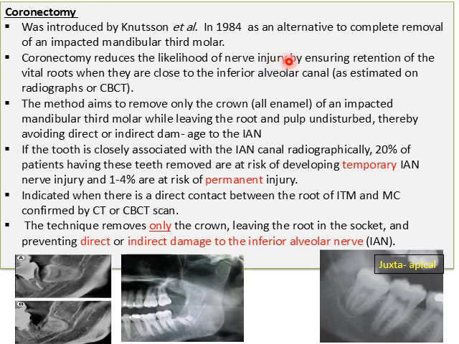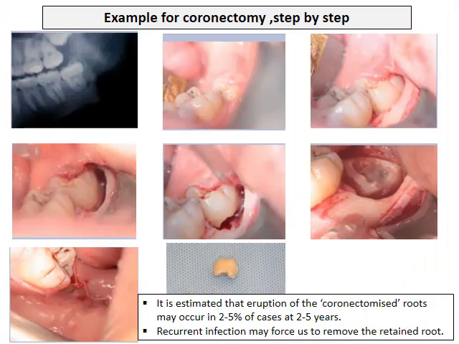And this evaluation depends on CT or cone beam CT scan. This technique removes only the crown, leaving the root in the socket, and avoiding direct or indirect damage to the inferior dental nerve. If you look at this picture, it is very clear. Here they took a radiograph and saw the relationship between the nerve and the tooth. Here they raised a flap a little, removed bone, so they will not remove the whole tooth, they removed the crown from here. You have to leave the root and the pulp and do suturing.